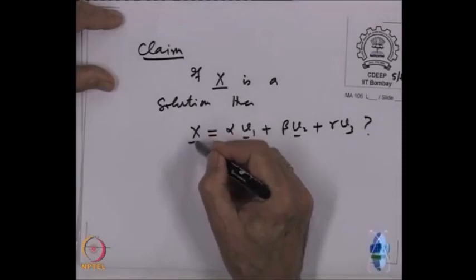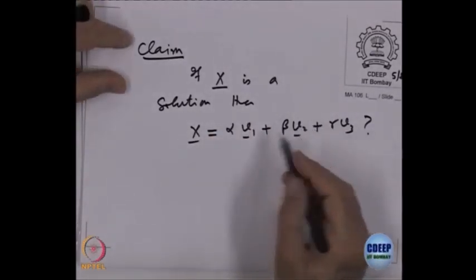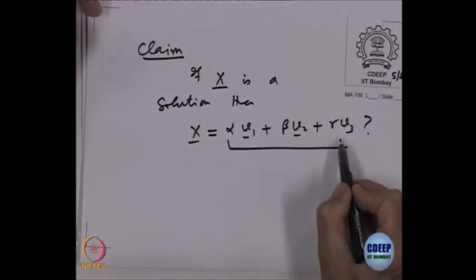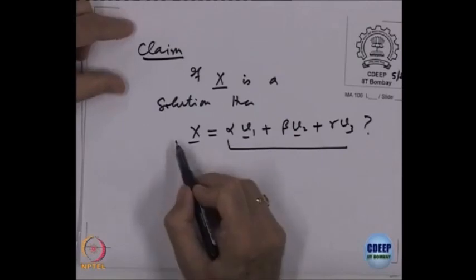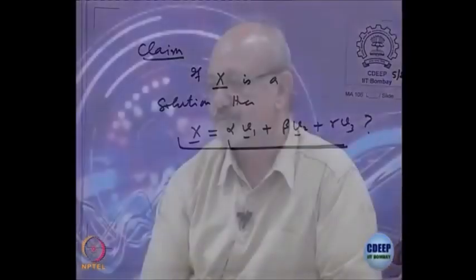Whatever this vector x is, if that is a solution, that means these alpha, beta and gamma are unknowns, right. So that means I want to show that this system is consistent, basically. This system is consistent, right? Is it okay? You know how to show whether a system is consistent or not, again by going to row echelon form and doing it.